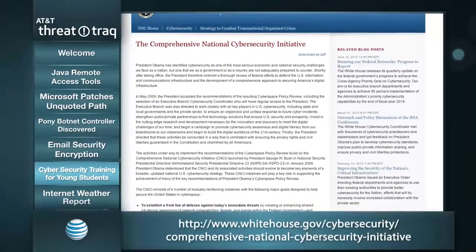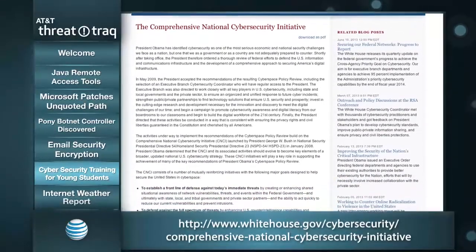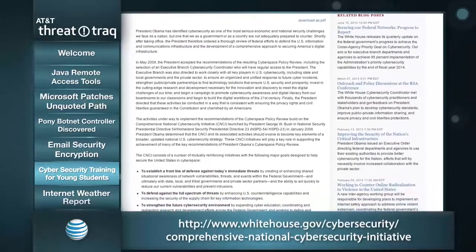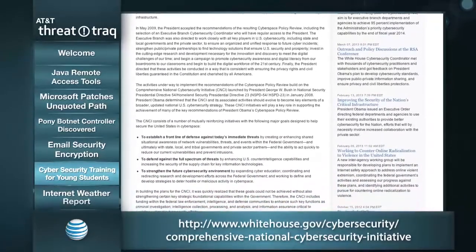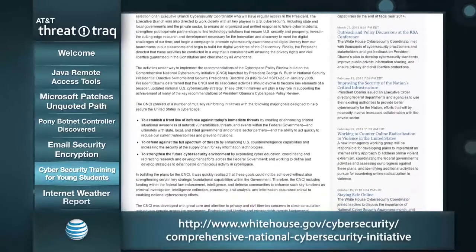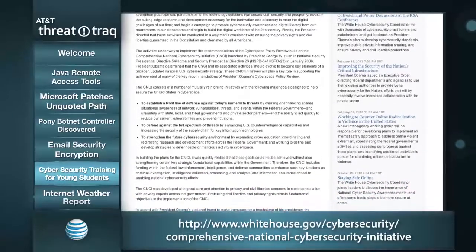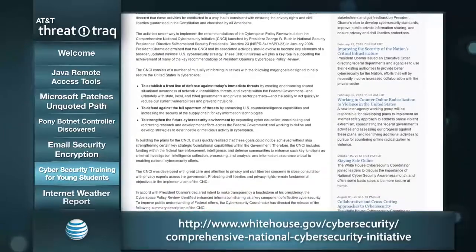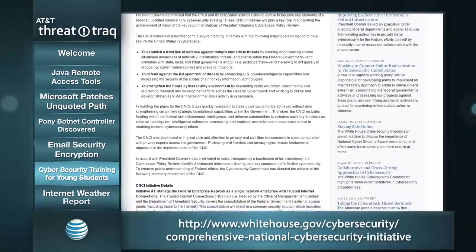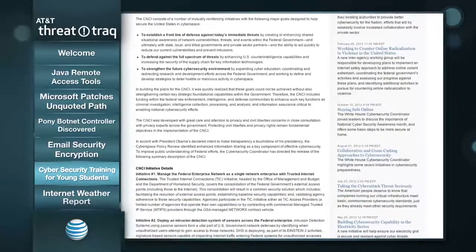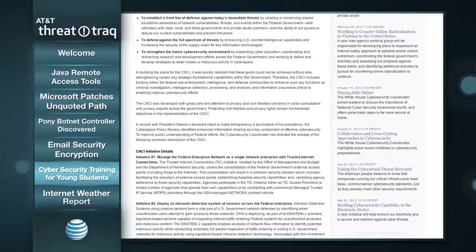The full documentation is on the whitehouse.gov website. Initiative number 8 was, in fact, to expand cyber education, that is, to develop more of a workforce that's educated in cybersecurity and able to do their part to protect not just national infrastructure, but commercial interests as well.